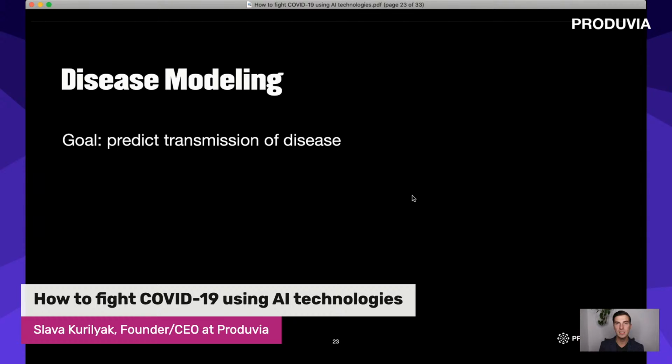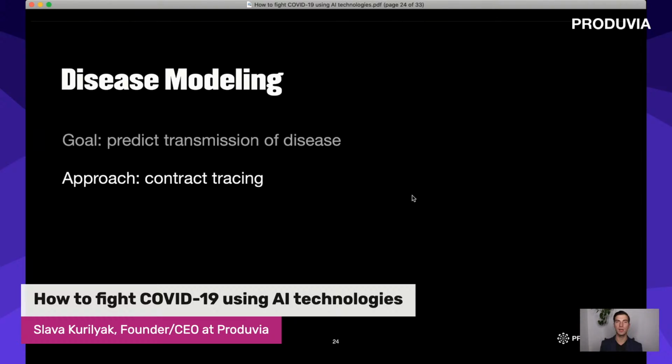So imagine we tell a computer, hey, computer, show me the worst case scenario of COVID-19 over the next 12 months. Hey, computer, tell me what is the best case scenario if we're able to control certain parameters. Are we able to create the sort of circumstance where COVID-19 is less impactful?